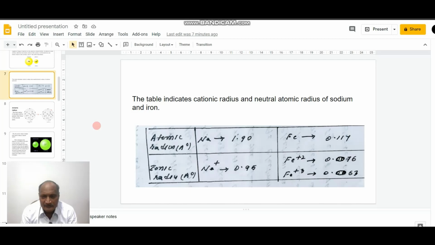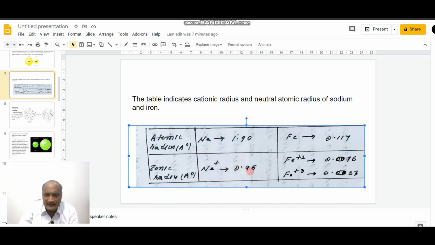The table indicates the atomic radius of the neutral sodium atom is 1.90 Angstrom units, whereas that of the sodium cation after the removal of one electron is found to be 0.95. So this indicates a decrease in the cationic radius.